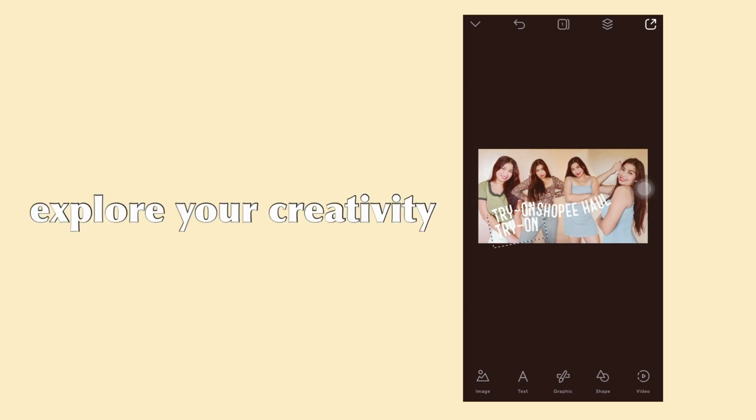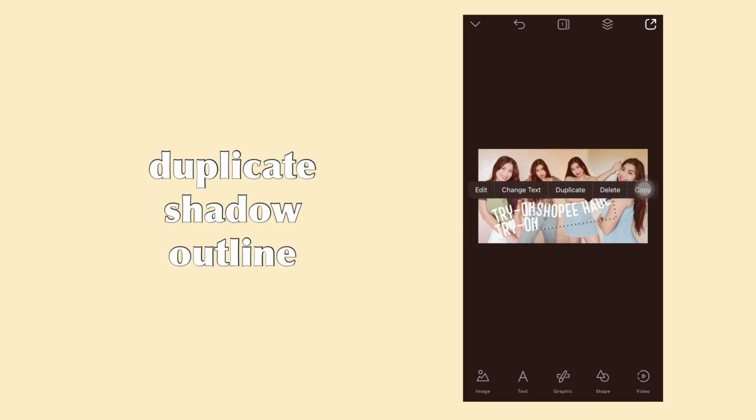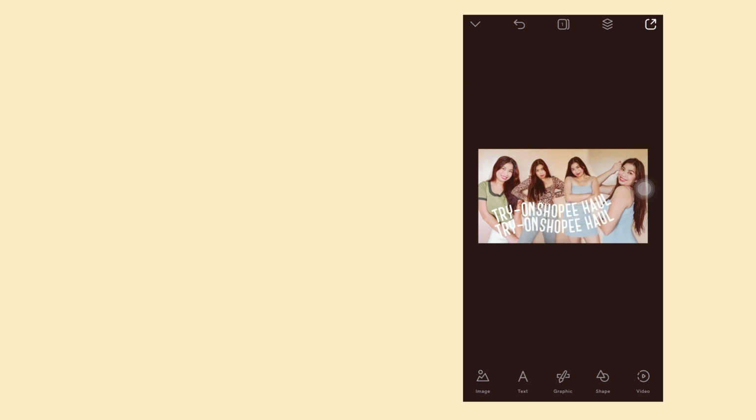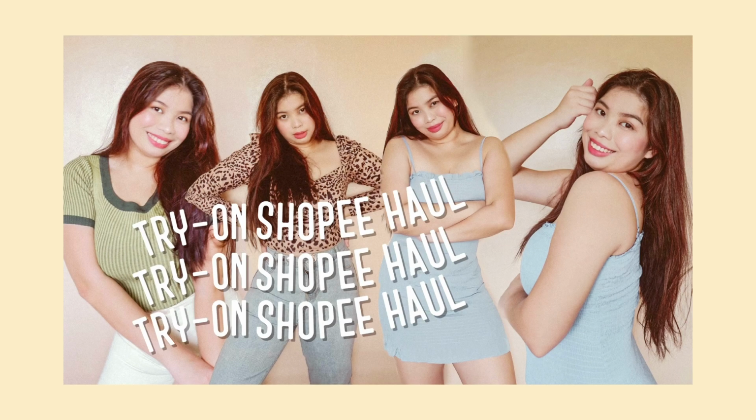You can also explore your creativity by duplicating your text or adding an outline or a shadow to it. So there, that is how I mask, edit, and add text to my thumbnails via the Over app.